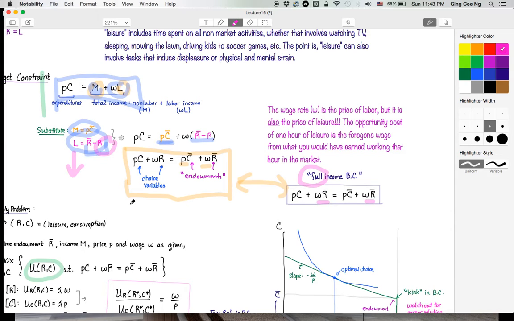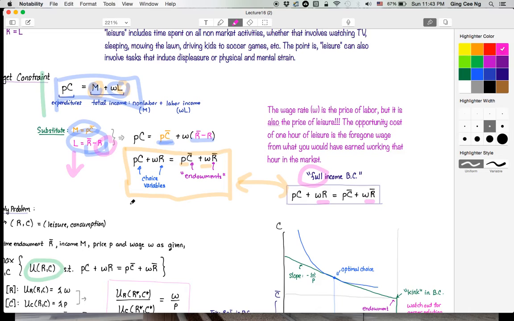Let's say your hourly wage is $3,000 an hour. That extra hour that you're spending sleeping or watching TV is literally costing you $3,000, because you could have earned $3,000 in the marketplace had you just worked instead of consuming leisure.